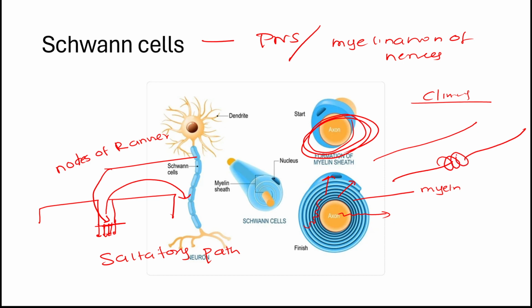The Schwann cell sometimes wraps around the point at which there was this disruption and allows re-establishment of the electrical pathway. So it plays an important function in battling neuropraxia.